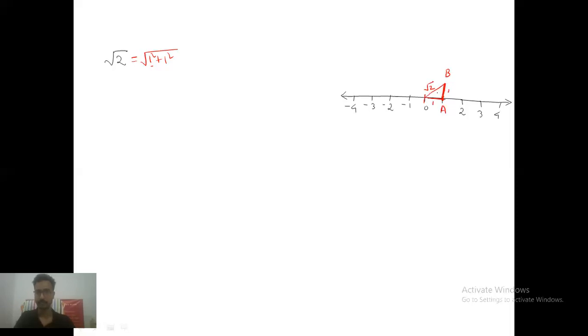Yes or no? Now, taking O as the center, with the help of your compass, and OB as the radius, you have to draw one arc. Suppose this is the arc, and it cuts here. So this point we denote as point P.